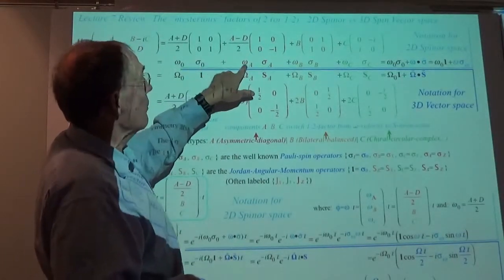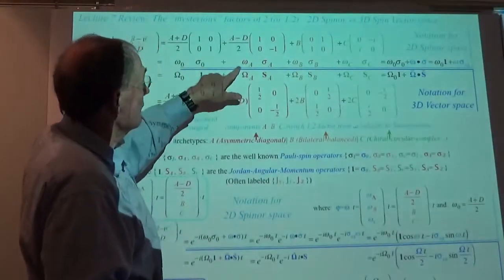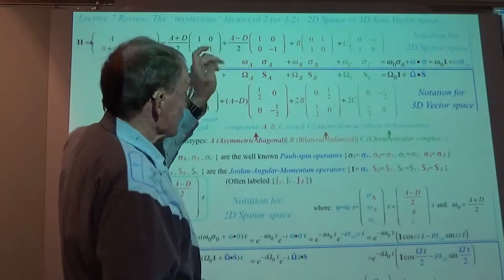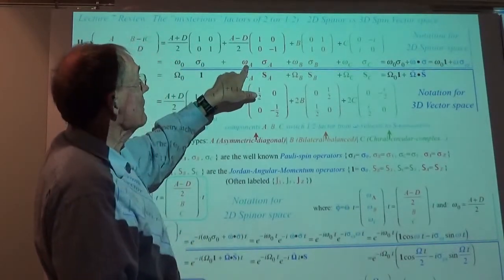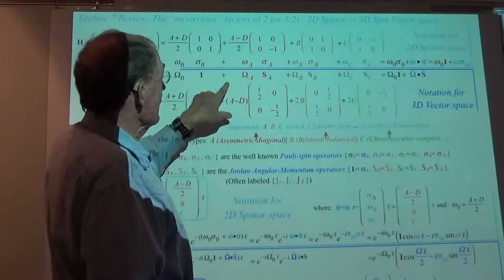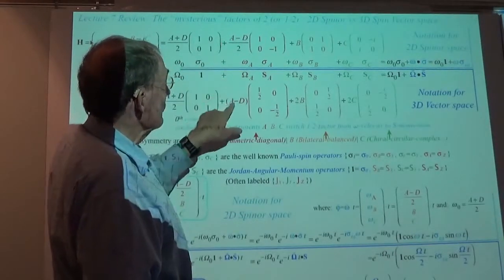Little omegas are angular velocities of the rotation that this Hamiltonian will eventually engender. And the little omega that is here a minus d over 2, and down here it's a minus d.